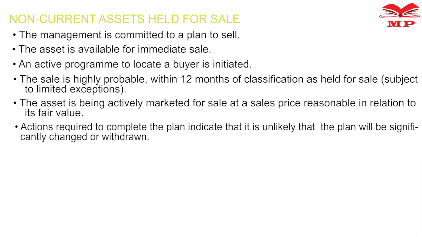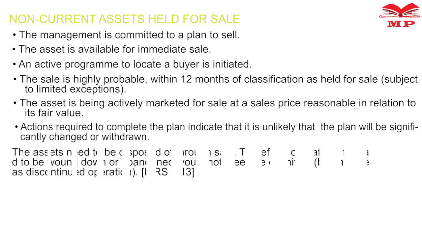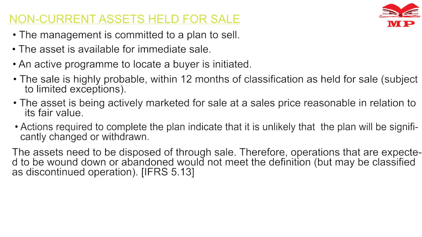Now, those are the main provisions. The assets need to be disposed of through sale. Therefore, operations that are expected to be wound down or abandoned will not meet the definition, but may be classified as discontinued operations.